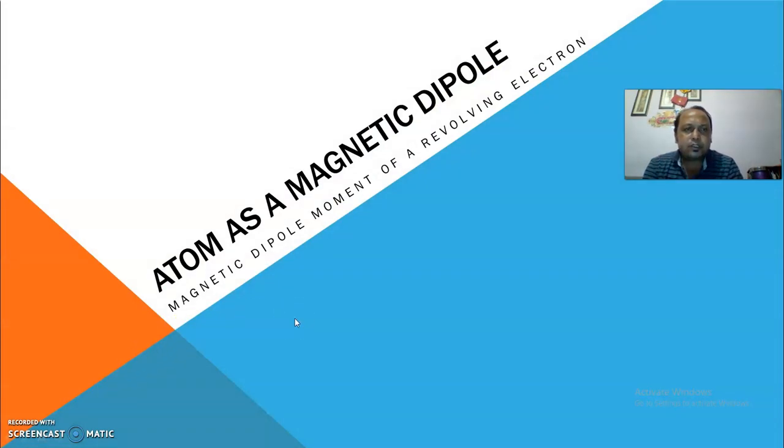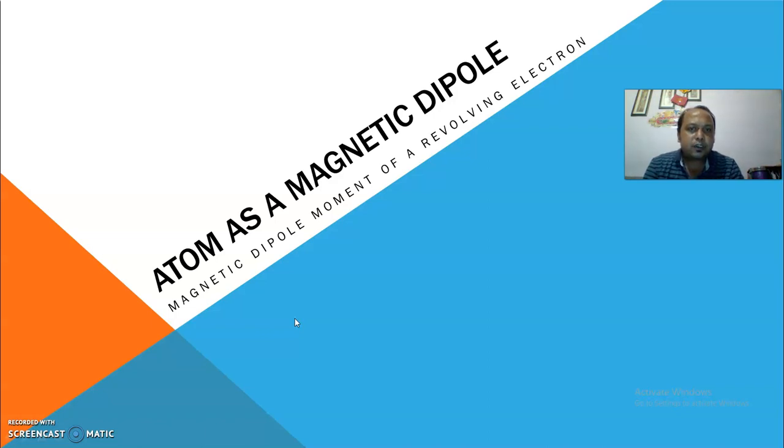Actually, what we are going to do is take a current carrying loop, but not exactly a current carrying loop. It is in the form of an atom where an electron is revolving around the nucleus in a circular orbit. When the electron revolves around the nucleus in a circular orbit, this also behaves as a current carrying loop.